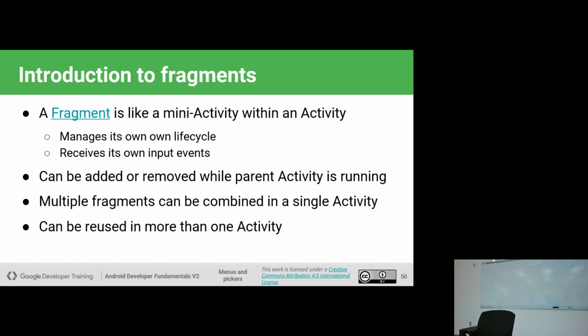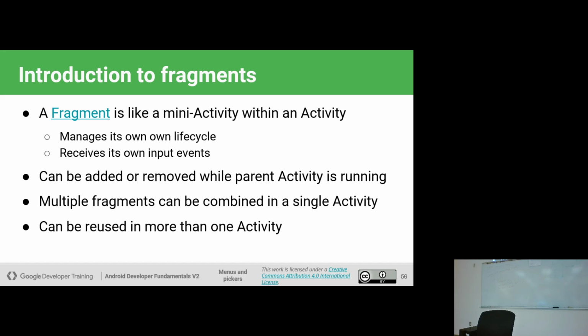And also because of how they now work, they can be added or removed from your activity. So you can say, okay, initially we're only going to show the list screen. Then when the user picks an item, we'll show both. So we can say, change the size of the list fragment and add the detail fragment.